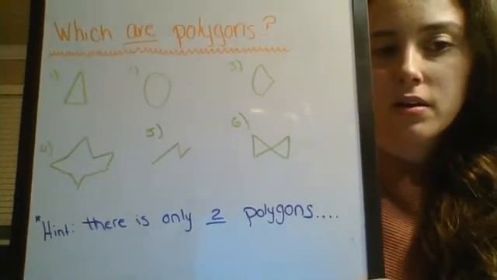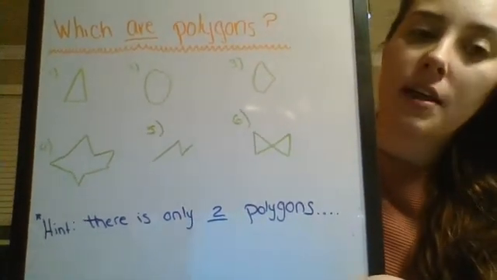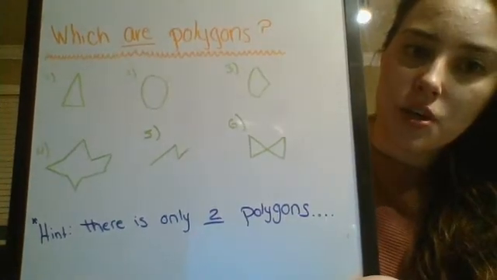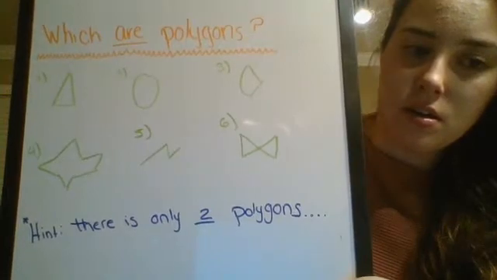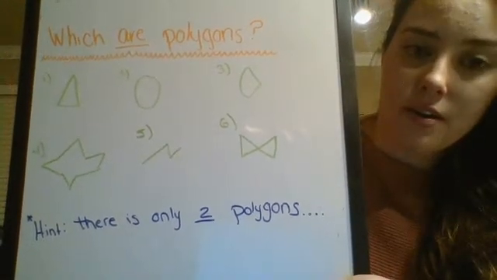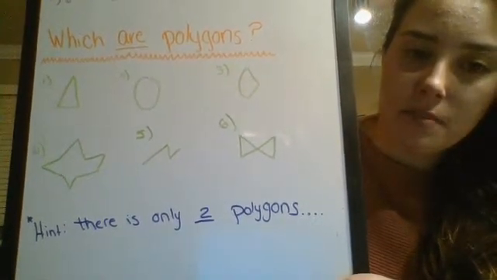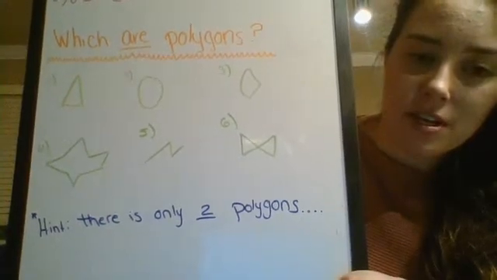Let's think about it. You think number 1's a polygon? 2, 3, 4. What about number 5 and number 6?